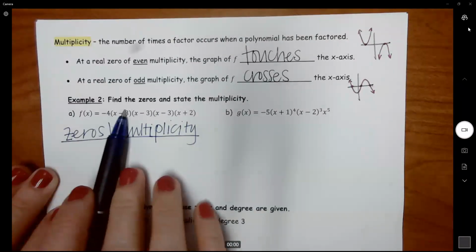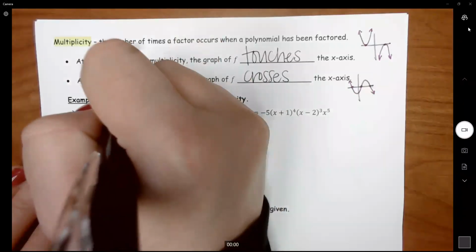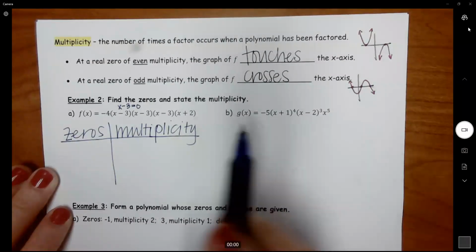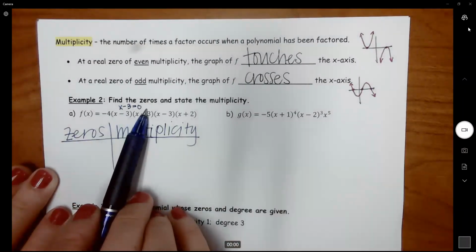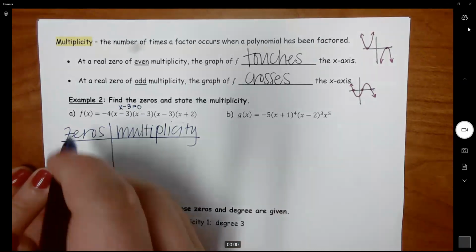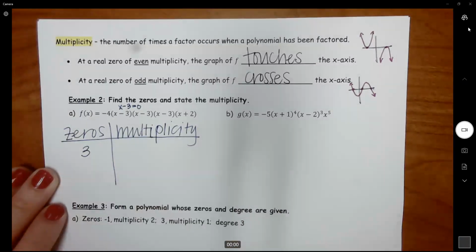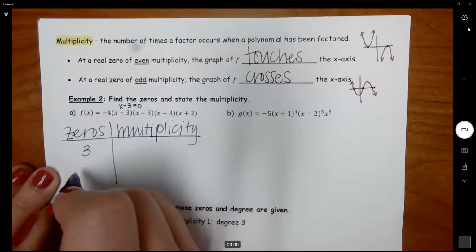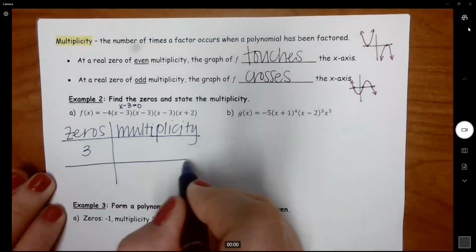This is already factored for us. Once it's in factored form, we would do x minus 3 equals 0. We would add that 3 over to both sides, and then we would find out that x equals a positive 3. So my 0 is at 3.